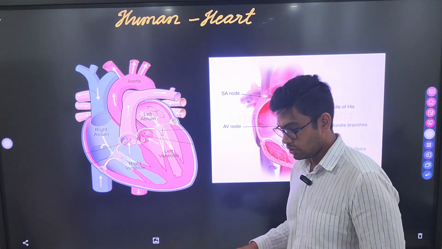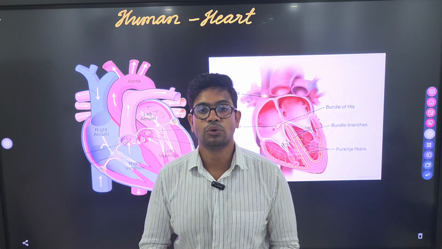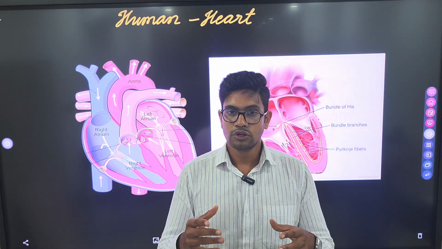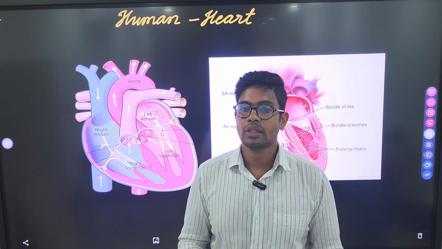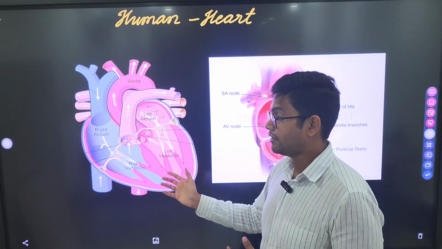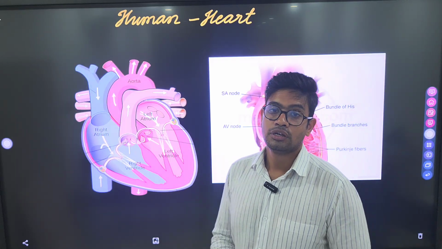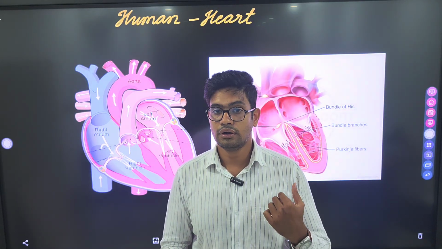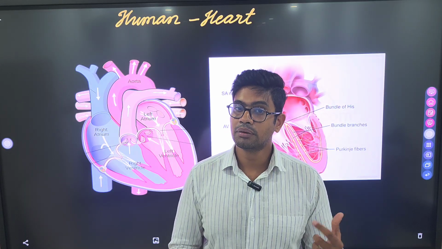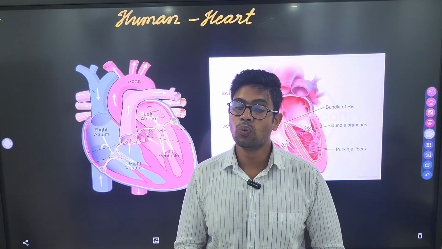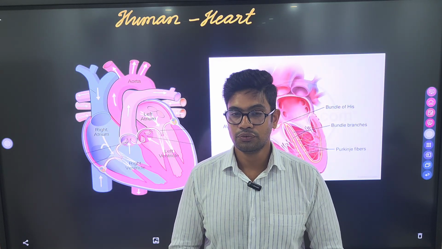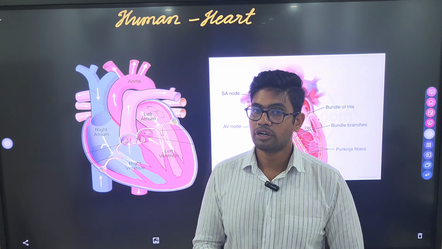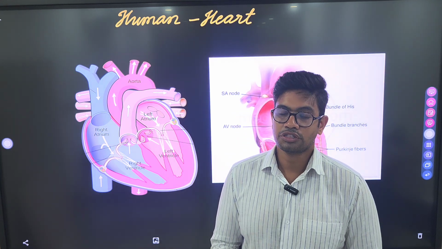Okay, now let's talk about coronary arteries. So see, whatever circulation of blood we have seen, that is the function of the heart. Now how does the heart get the blood it requires for its own requirement of energy and oxygen?